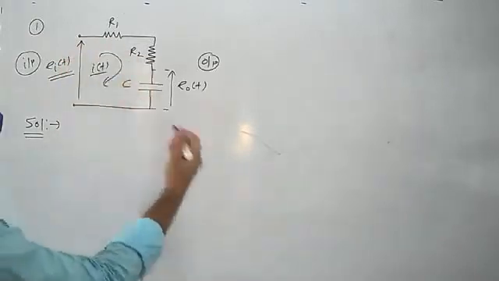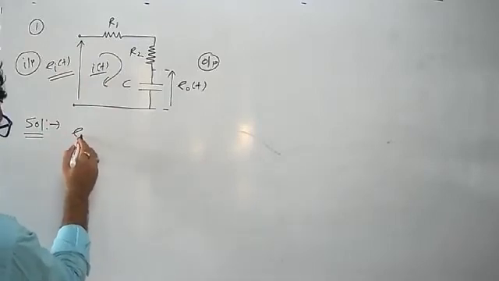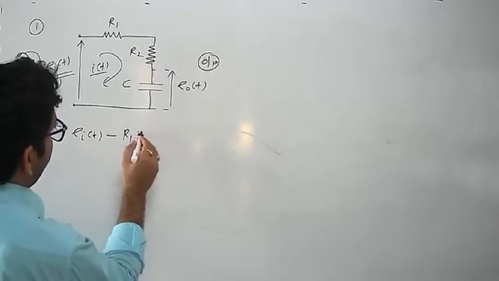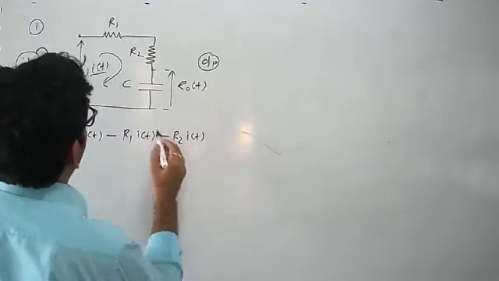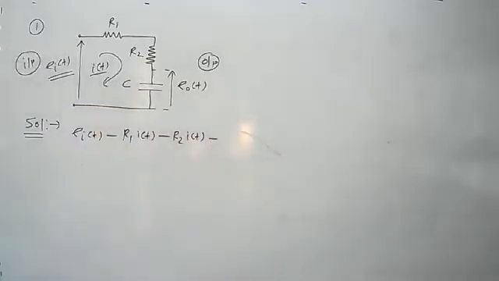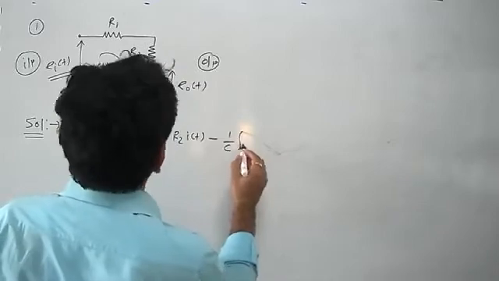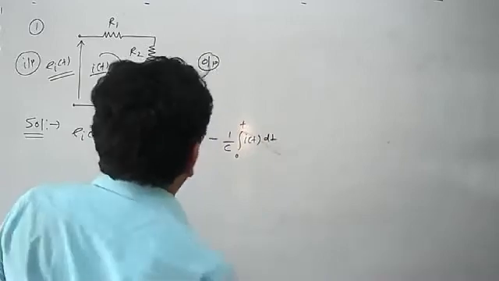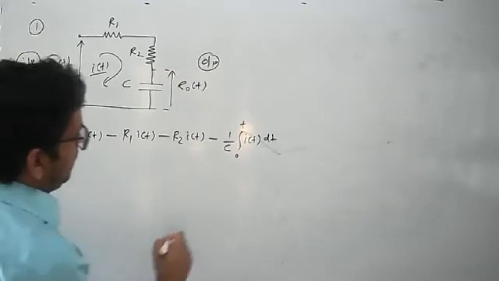Now in this circuit, if you apply Kirchhoff's voltage law, we can write the equation like Ei of t minus R1 into I of t minus R2 into I of t, then minus the voltage drop across this capacitor, which is nothing but 1 upon C integral I of t dt, taking range 0 to t. Let that be equation number 1.